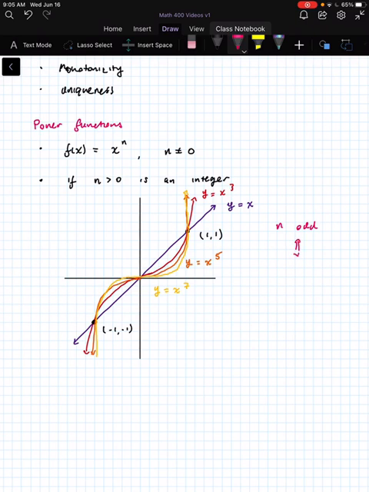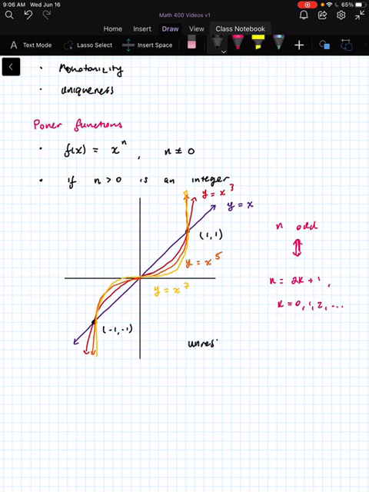If n is an odd integer, in other words, if we can write n as 2k plus 1 for k being 0, 1, 2, etc. Right? So these are interchangeable concepts, right? That n is odd and that n has this expression. Then you'll notice a few things that are interesting, right? So these graphs all pass through the points 1, 1, and -1, -1.